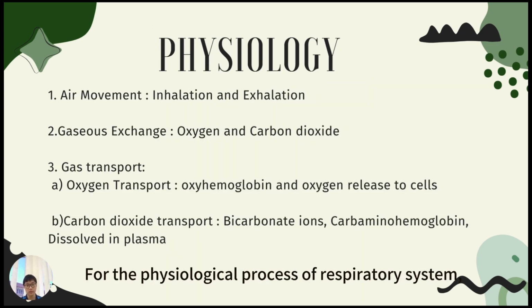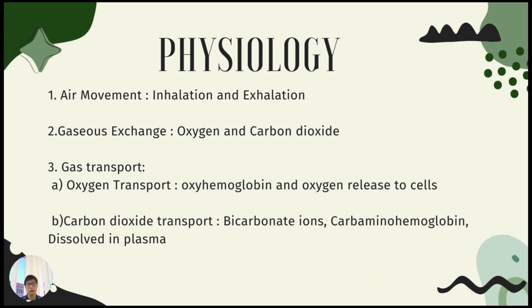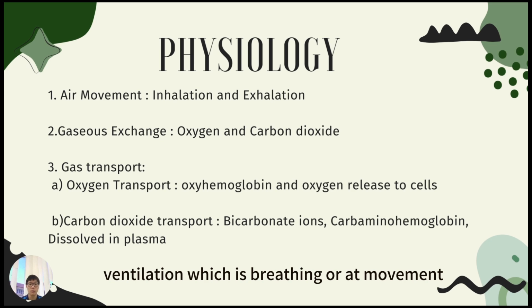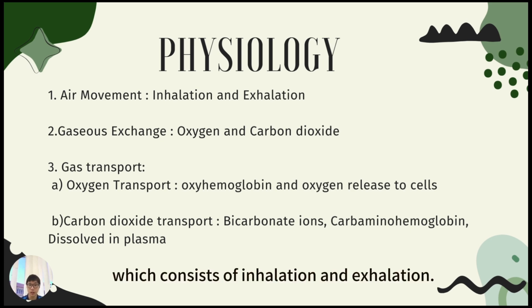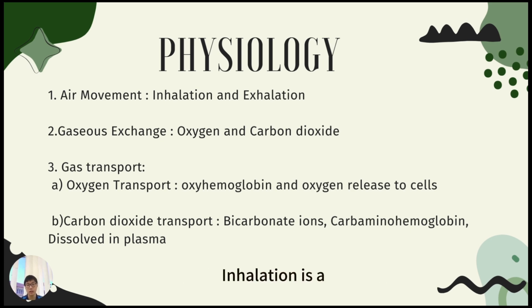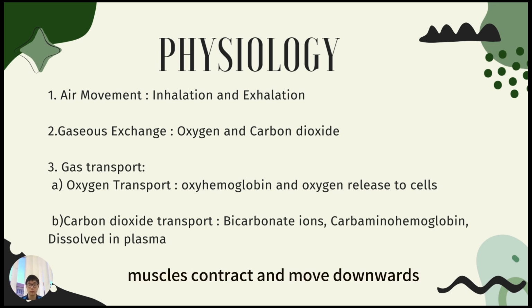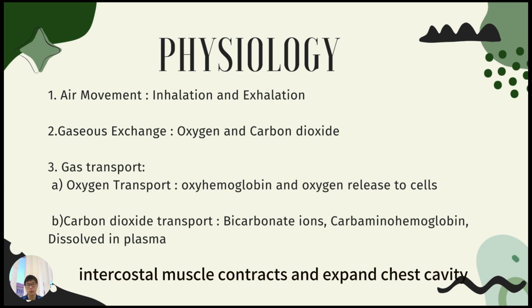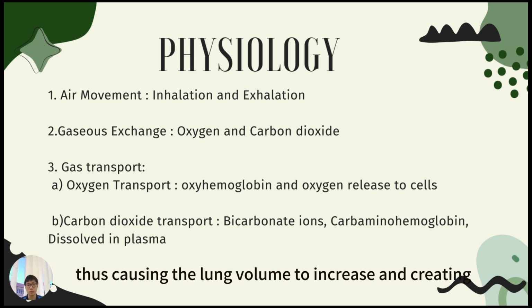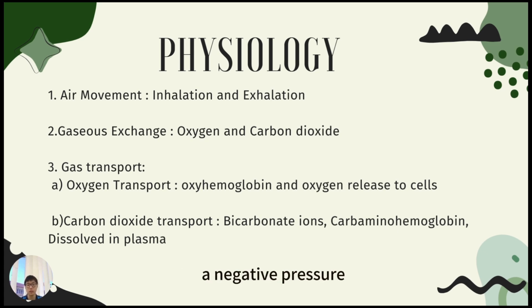For the physiology process of respiratory system, we have pulmonary ventilation, which is breathing movement, which consists of inhalation and exhalation. Inhalation consists of the diaphragm muscles contracting and moving downwards. Intercostal muscles contract and expand the chest cavity, thus causing the lung volume to increase and creating a negative pressure relative to atmospheric pressure, so that air is drawn inside the lungs.